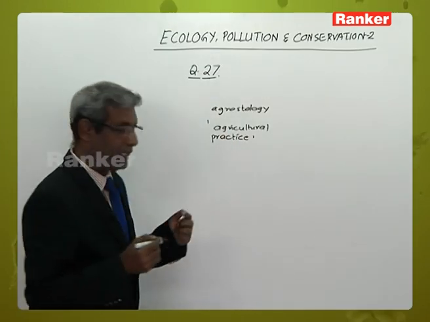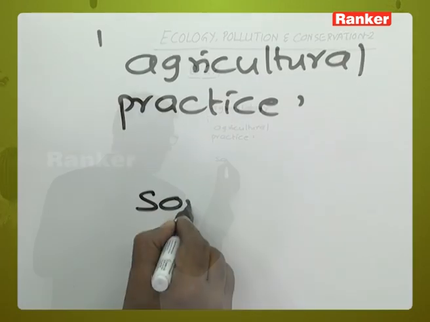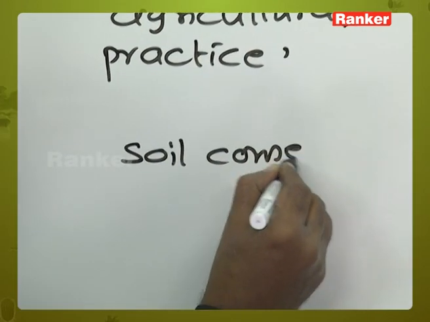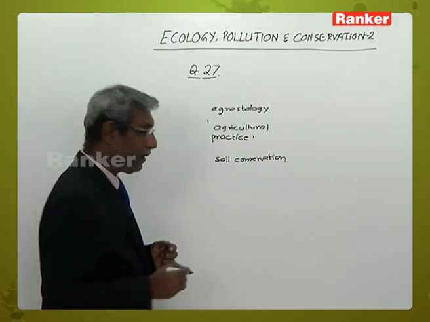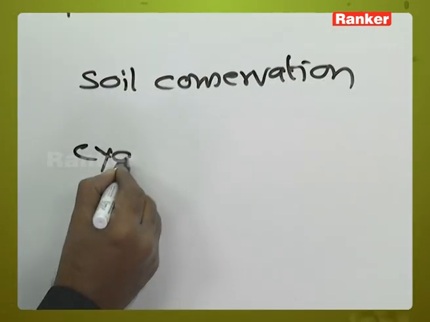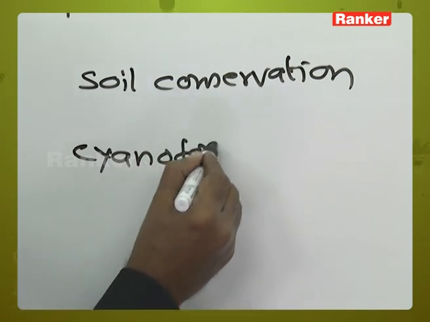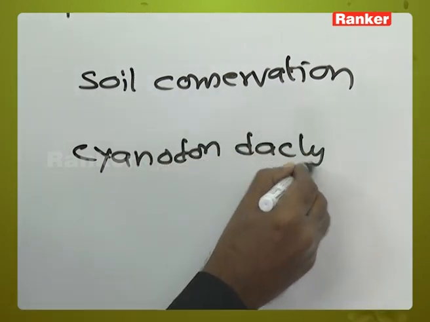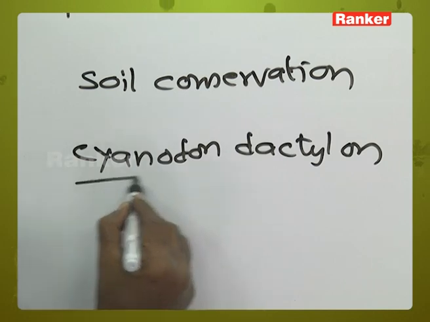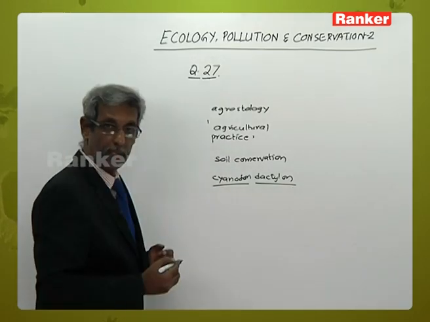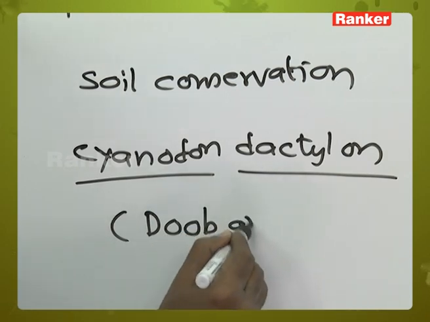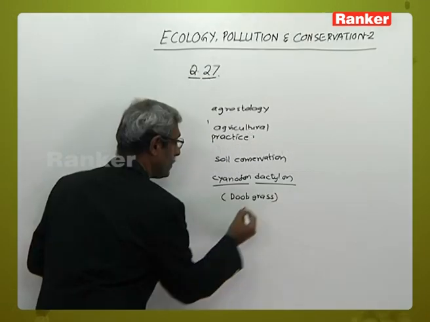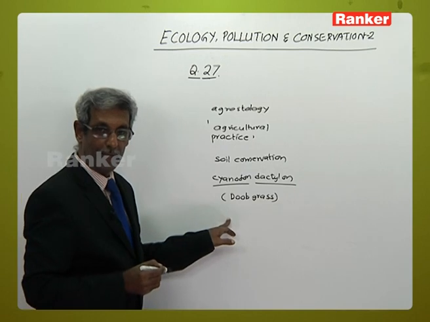So, among these, especially when you use for soil conservation, if we use cynodon dactylon, cynodon dactylon is the common doob grass which is used in tropical countries.